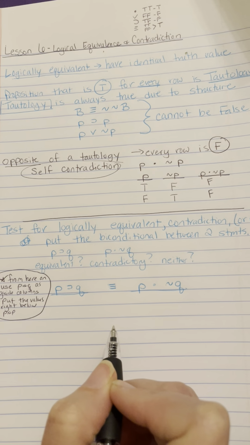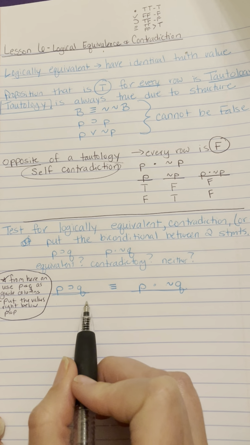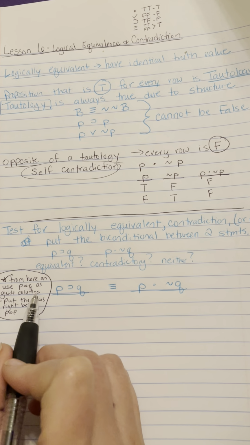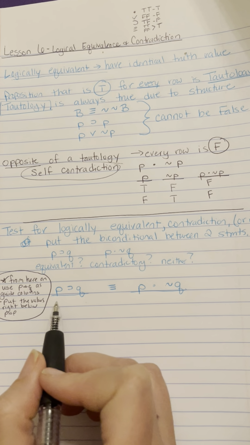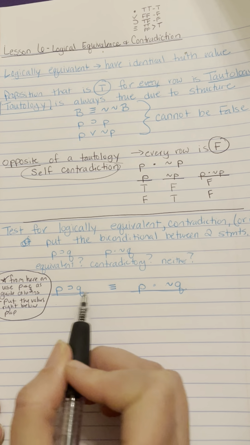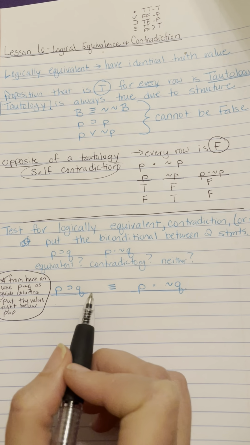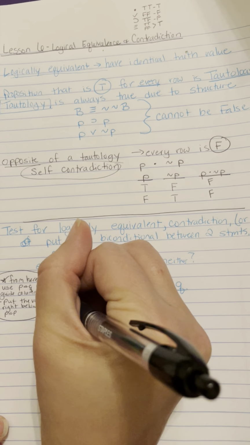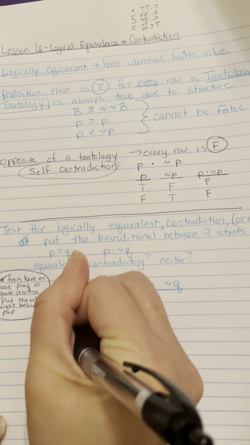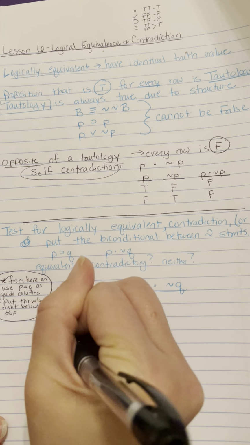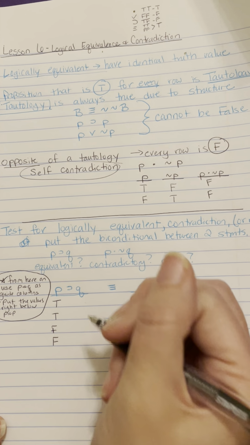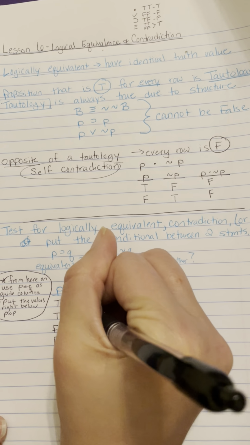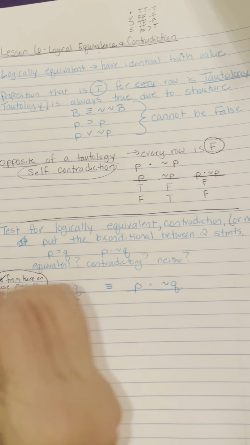So we're going to set up P and Q right here, just like we would if we were going to set up two columns over here with a P and a Q. All right, so when we have two variables, how many rows are we going to have? We're going to have 4, right? The P is going to be true, true, false, false. And the Q would go true, false, true, false.